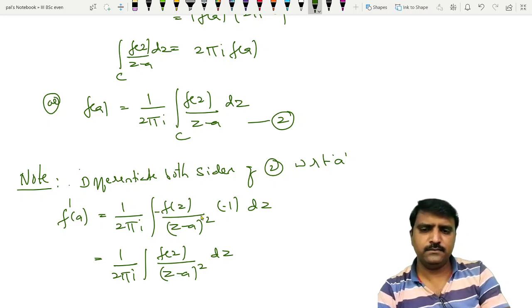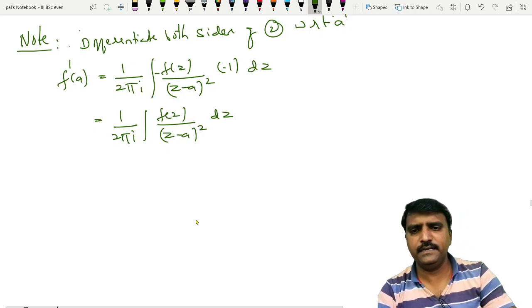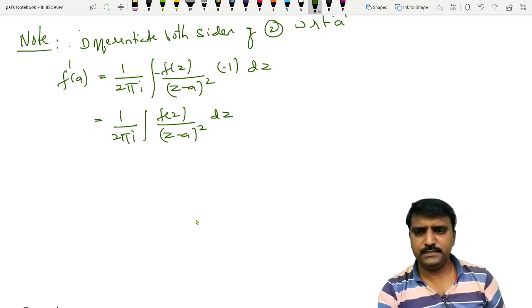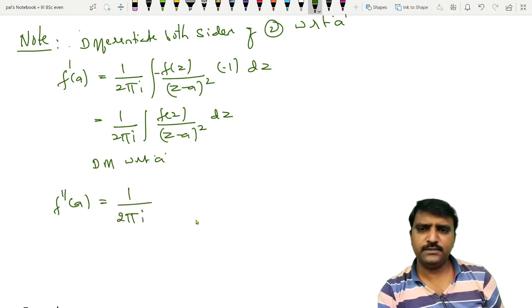So again, if you want to differentiate this again, differentiate with respect to a on both sides. Then f double dash of a is equal to 1 by 2 pi i, which is a constant, you write as it is, integration of f of z.